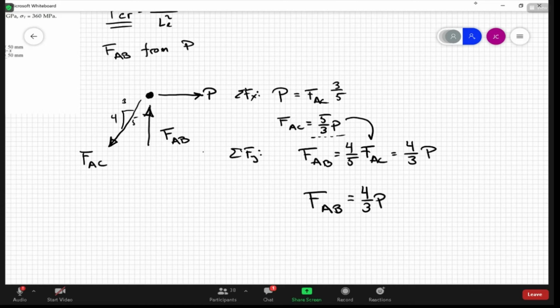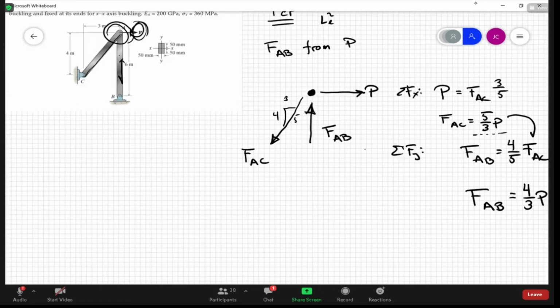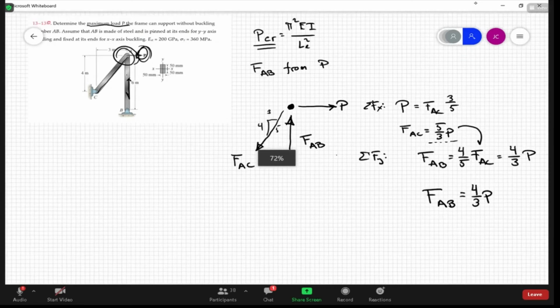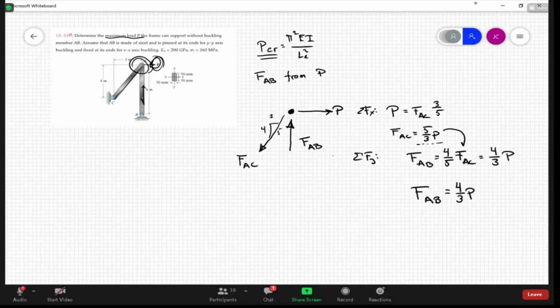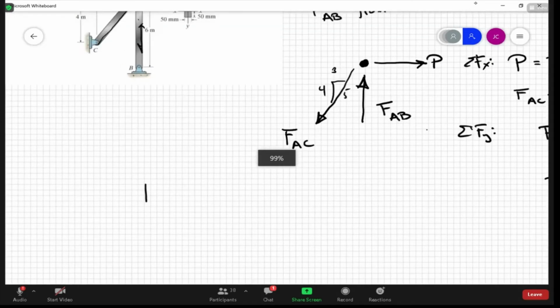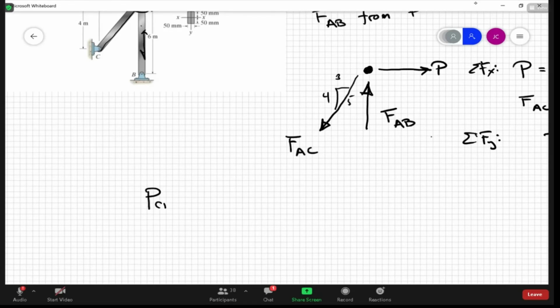All right. So let's figure out the critical buckling load now for AB. Here's the critical buckling load for a column AB. Here, pi squared, I'm going to assume E is steel.